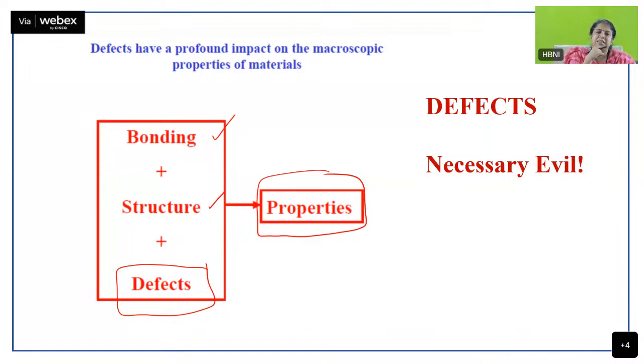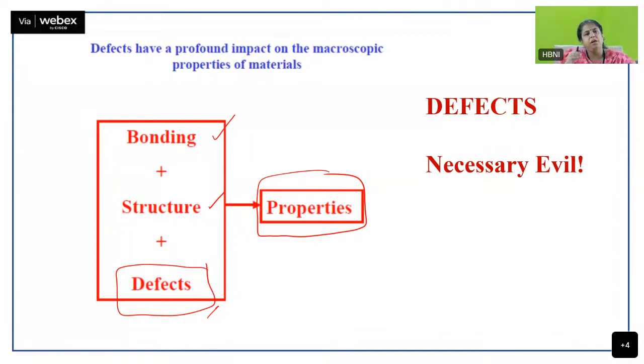For a material like zinc oxide, the luminescence that it gives depends upon the oxygen ion defect that exists in zinc oxide. Otherwise, its band gap does not fall in the visible light. So defects are nothing but a necessary evil. For some particular properties, you need to have those defects so that you can get the property.